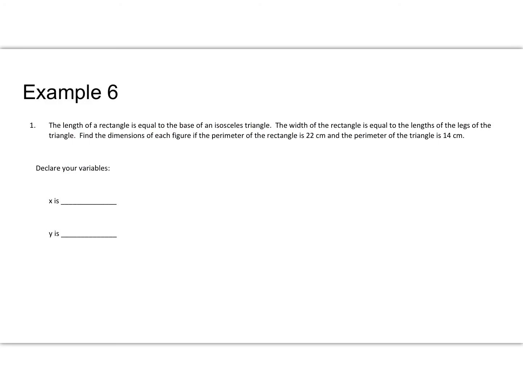Okay, this one, the length of a rectangle is equal to the base of the isosceles triangle. The width of the rectangle is equal to the lengths of the sides. Okay, so first thing we do, let's draw the figures. We have a rectangle and we have an isosceles triangle, so these sides are equal.